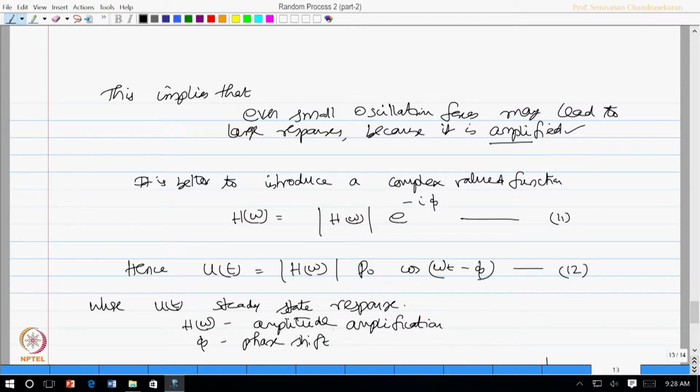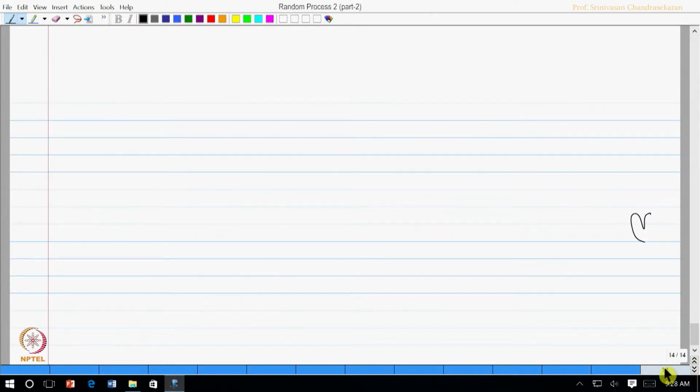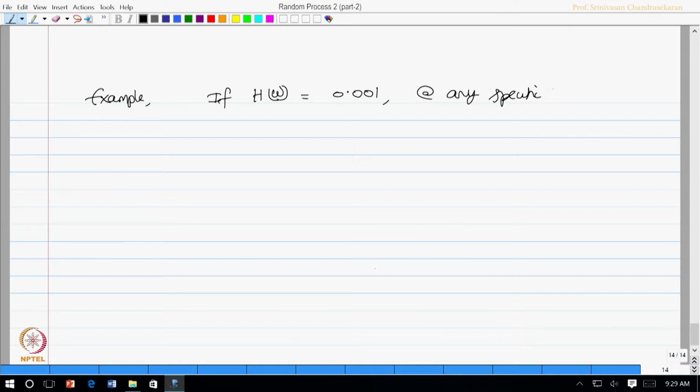Having said this, let us quickly see, for example, if H omega for a given linear system is 0.001 at any specific frequency omega, this is true because H omega is a function of omega.